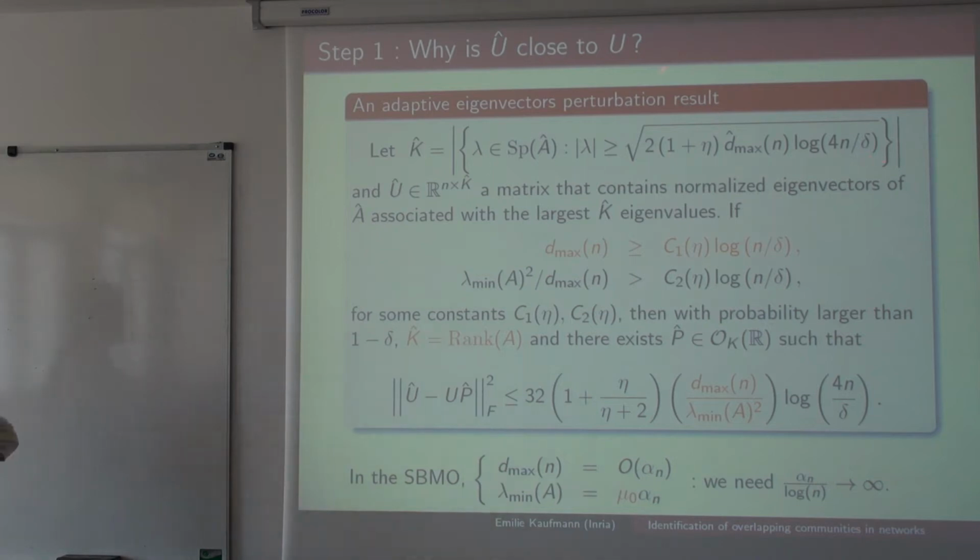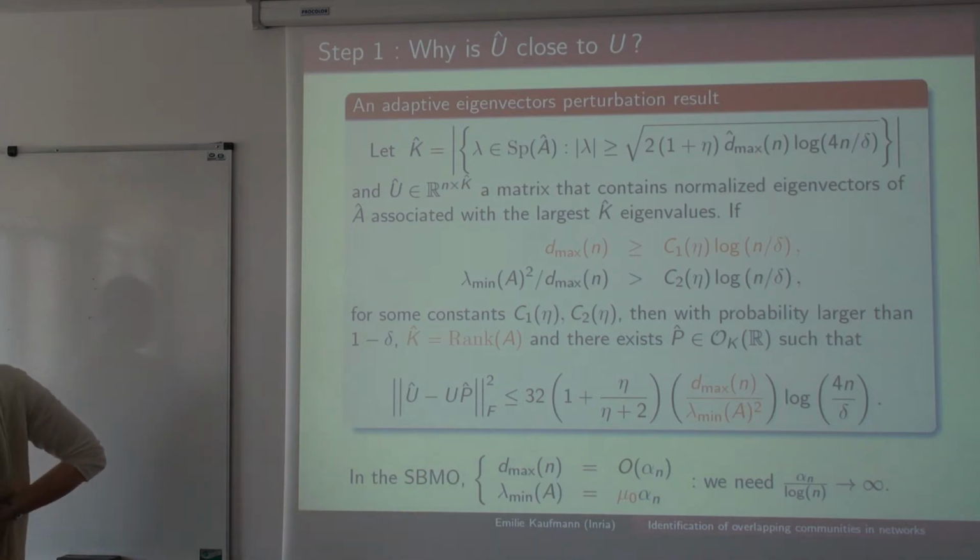So if K hat is chosen in the following way, and U hat is the matrix that contains, again, the leading eigenvectors of A hat, then provided that the maximal degree in the graph is large enough, larger than something like log n, we have that K hat is actually equal to the rank of A, which is K in our SBMO example, because this result holds for any random graph model. And so we have this bound.